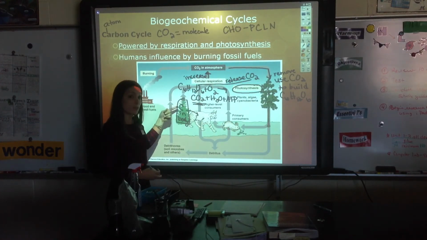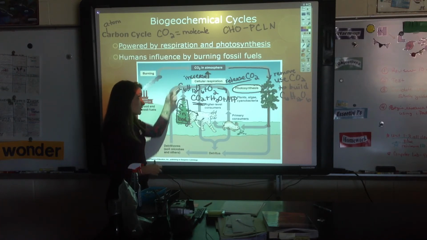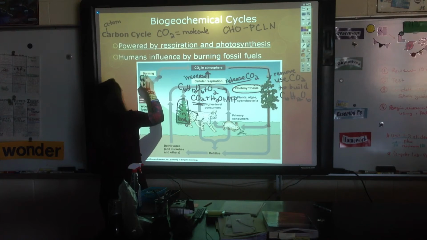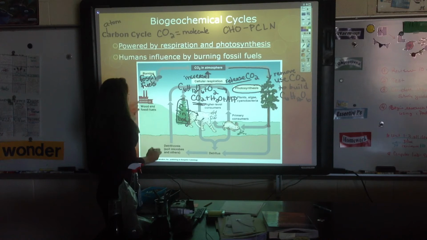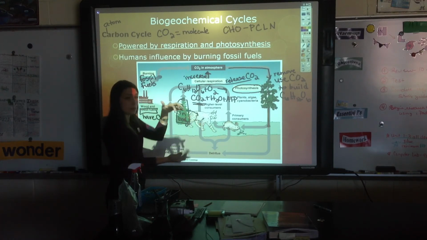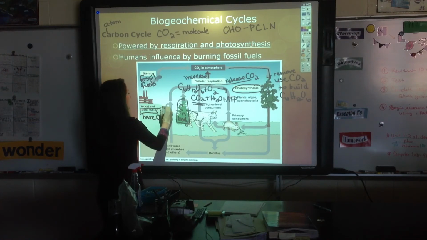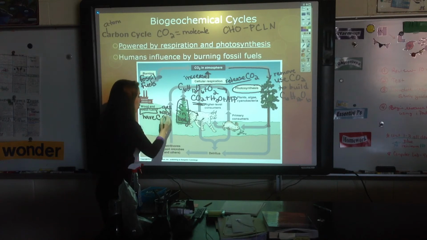Now notice plants perform some respiration as well. However, we do have two other big things that add carbon dioxide. And this one is burning fossil fuels. Fossil fuels have carbon in them. Fossil fuels are dead plants and animals that got pressurized by the earth, and that's fossil fuels like gas, wood, coal.